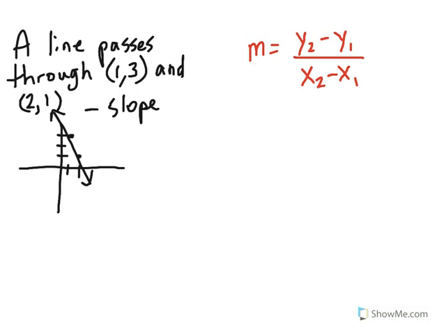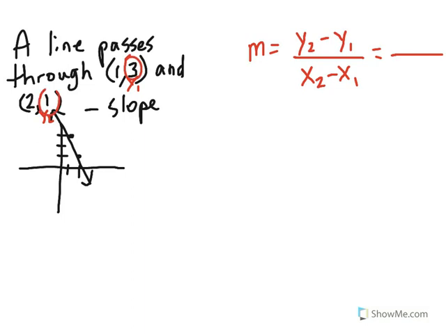Now you could actually get the slope from just counting on this picture, but let's see how to do it mechanically, because sometimes it's tough to do from the drawing, depending on what your drawing looks like and how good you are at keeping track of things. So let's look at our slope formula. The slope formula says we take the y values and subtract them. Here's y1, here's y2.